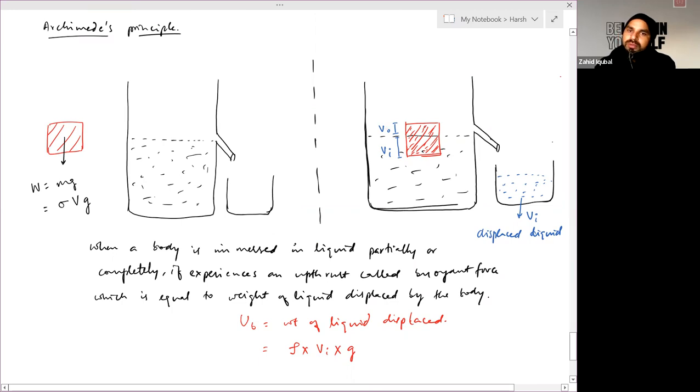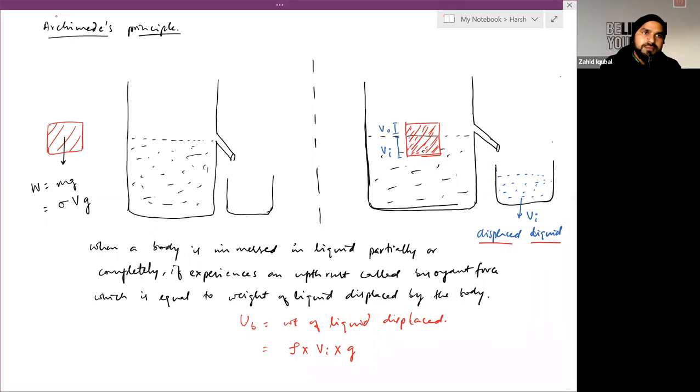How much volume of the object is immersed in the liquid, it will displace that much liquid, and according to the displaced liquid it may experience an upthrust, which is called buoyant force. Is it clear? Yes, sir.